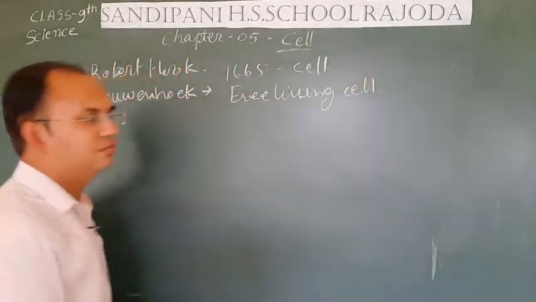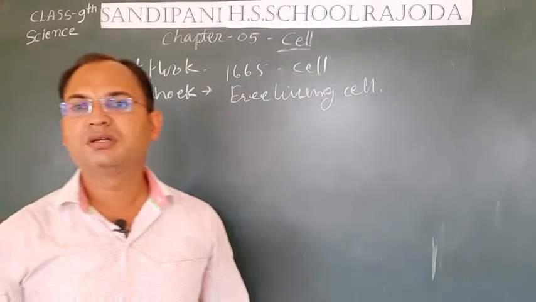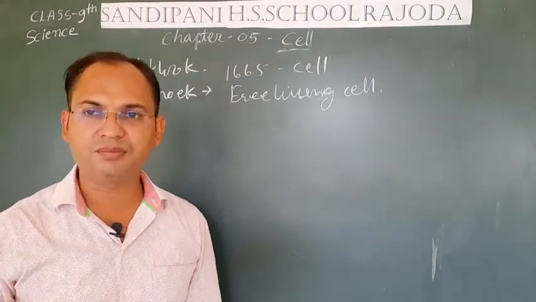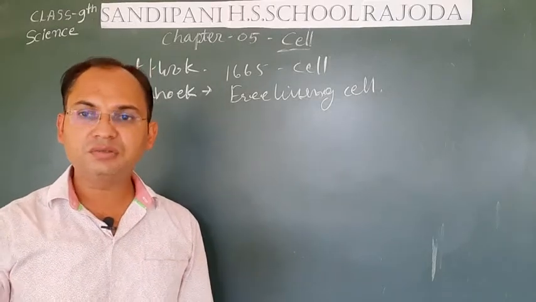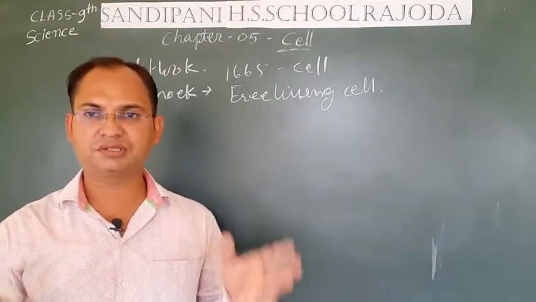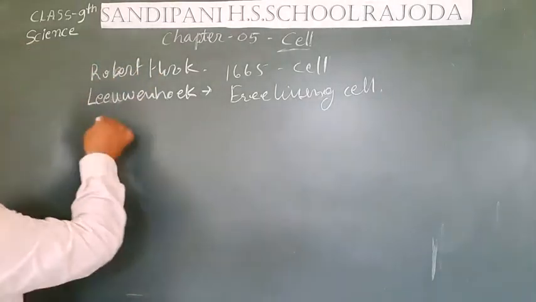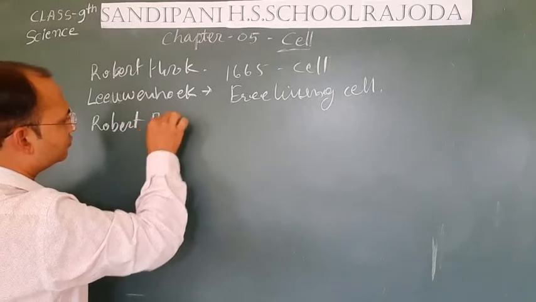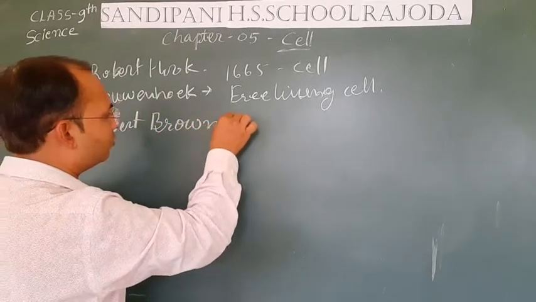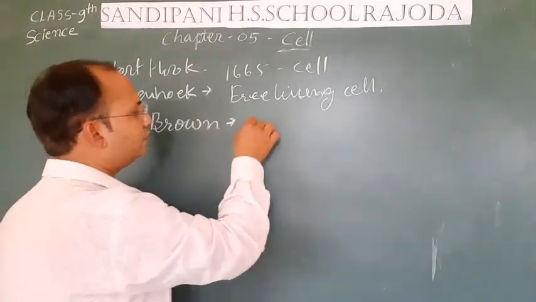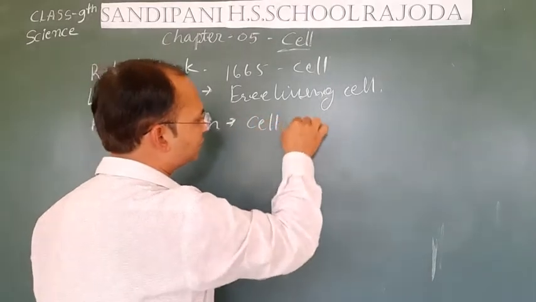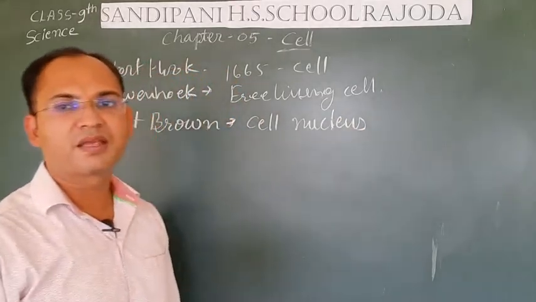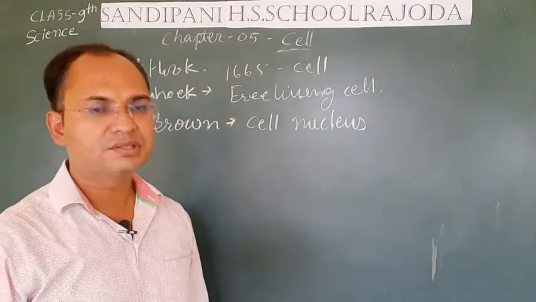Now, the detailed structure of the cell was discovered, and a scientist named Robert Brown discovered the nucleus of the cell. We will see about the structure of the cell. So, Robert Brown first of all discovered the cell nucleus in the center of the cell.